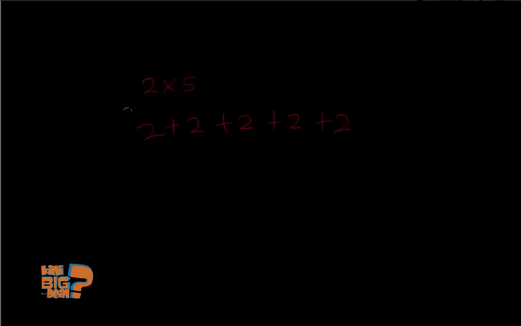Now let's see how many 2's we have. This is 1, 2, 3, 4, 5. Let's pretend that you don't even know how to multiply. 2 plus 2 is 4. 4 plus 2 is 6. 6 plus 2, 8. 8 plus 2 equals 10. So generally, you can say multiplication is a result of repeated addition.